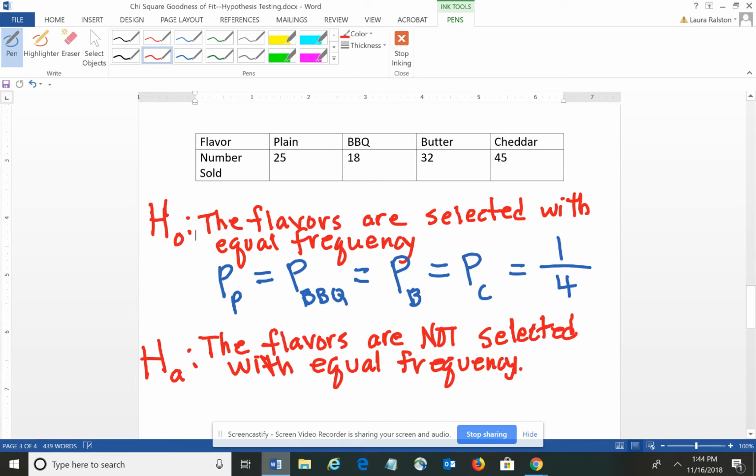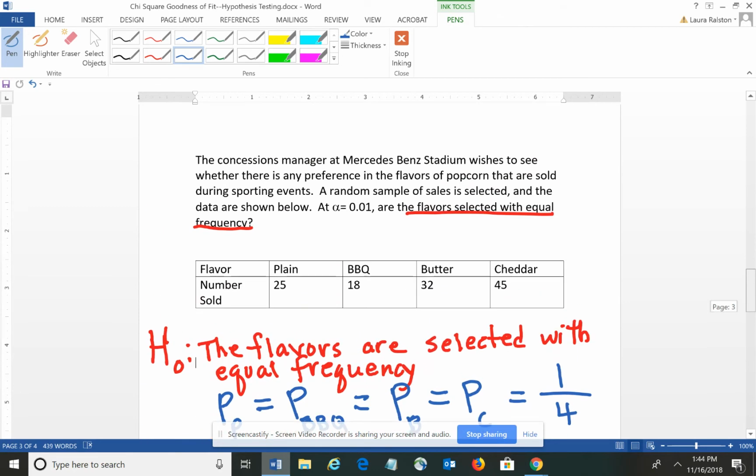Okay, that one word of adding the word not changes the meaning. Symbol-wise, we could say at least one of our proportions does not equal 1/4 or 25%.